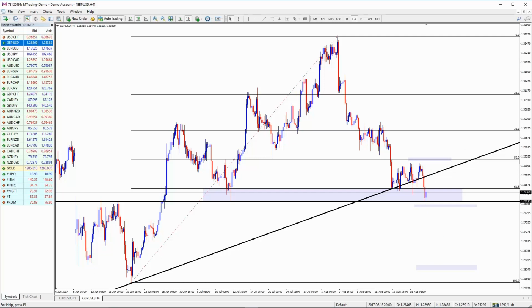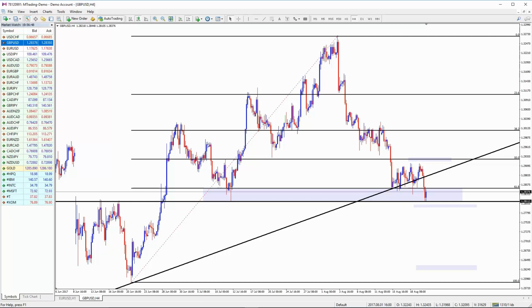The idea is the minimum you should take is a one-to-one. So if you're looking to risk $100, you're looking to achieve 100 as a minimum. It doesn't make any sense to risk 100 to achieve 20, because if you have 50 trades and only a 50% hit rate, but you're only achieving 20 while losing 100 with each losing trade, you're still not going to be profitable.